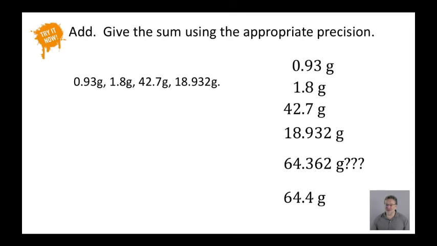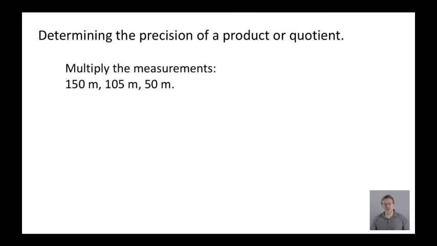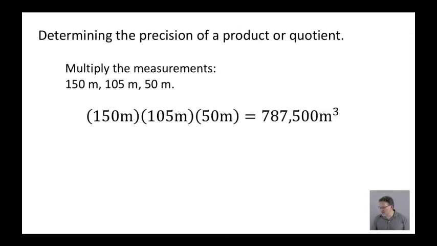But as it turns out, there's a different procedure involved when we're doing multiplication or division. And here's where we use significant figures. When we're multiplying three measurements, for example here, 150 meters by 105 meters by 50 meters, we can quickly do that multiplication to get an answer here of 787,500 cubic meters.